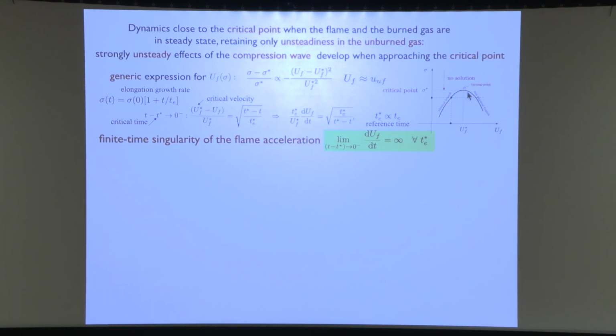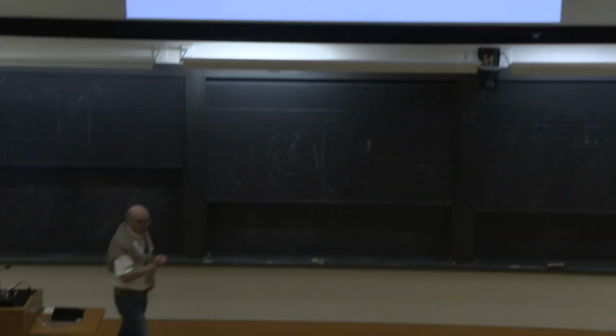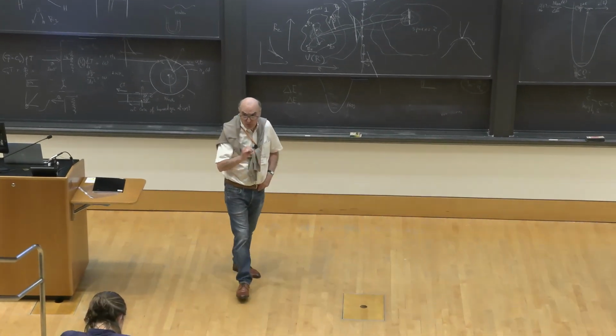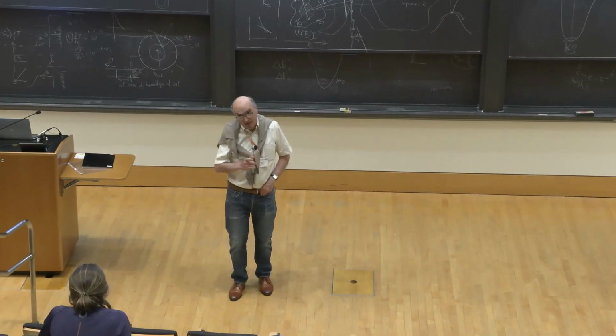For example, if you look at the equation of this quasi-steady solution, U_F in terms of sigma, and you reverse it, sigma in terms of U_F, you have a quadratic form. This is a generic expression around the turning point. Every time you have a turning point, near the turning point you are going to have a quadratic relation.